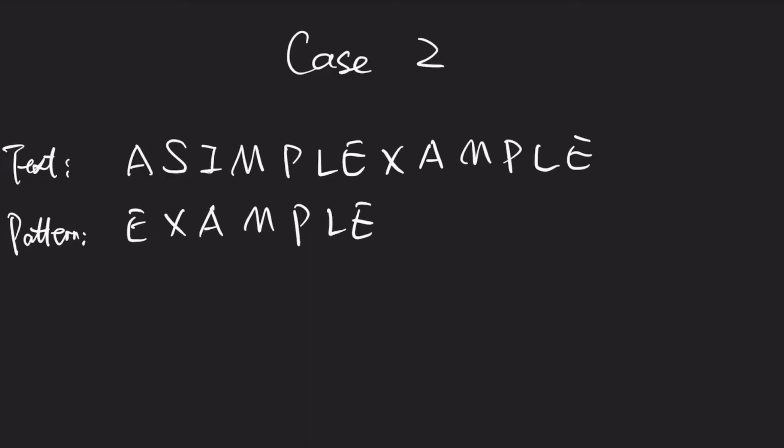We don't have case 1 here, and the match and mismatch is here. But there is a prefix that is the same as this suffix. So we should align this same part.